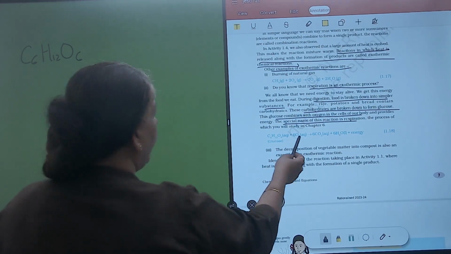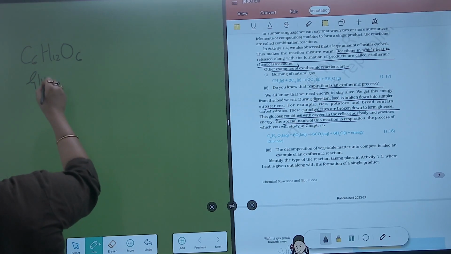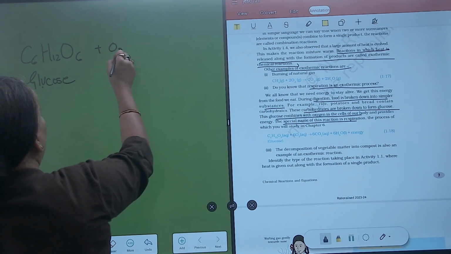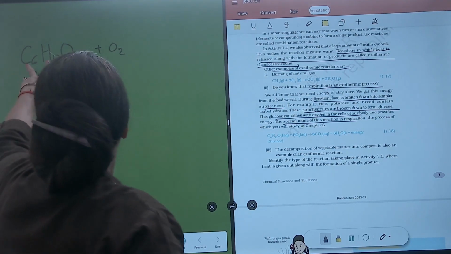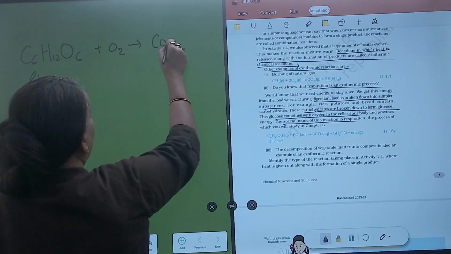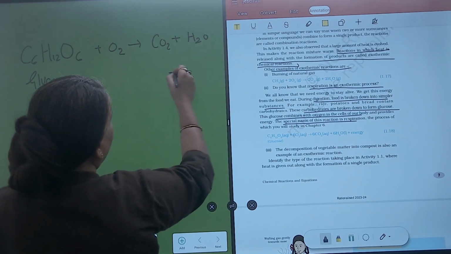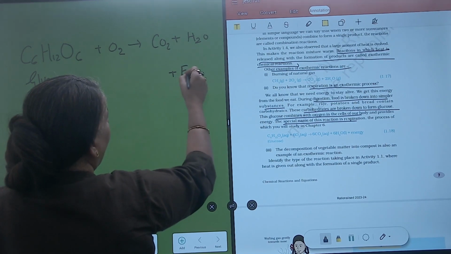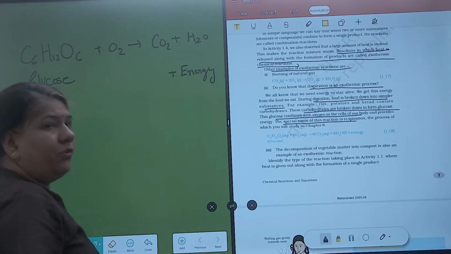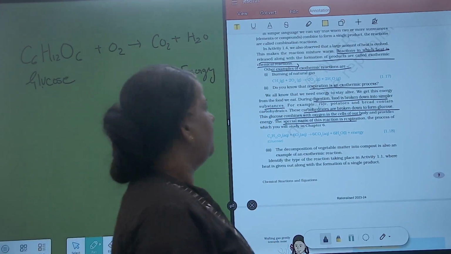Now let's come to the reaction. Glucose combines with oxygen. Again, it has carbon and hydrogen, so only two products are produced, carbon dioxide plus water, and energy is released in the form of heat and ATP molecules. ATP is the stored form of energy of the body.